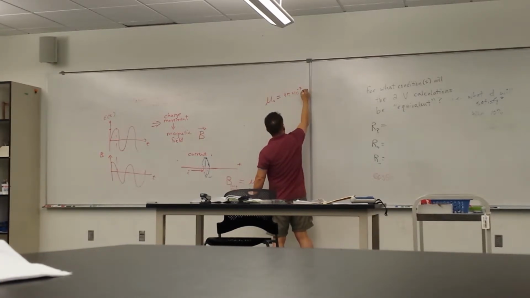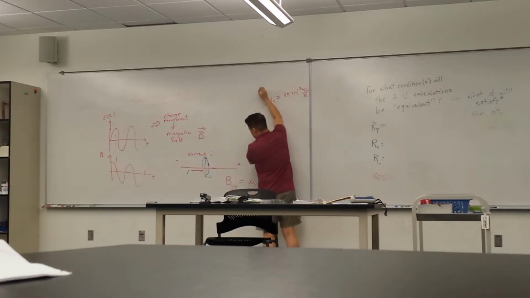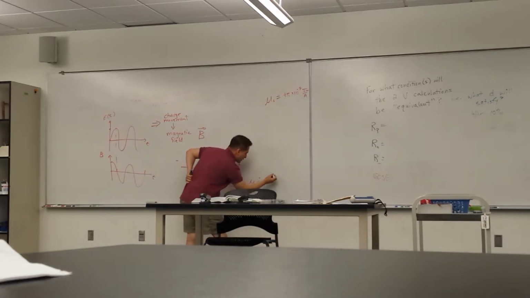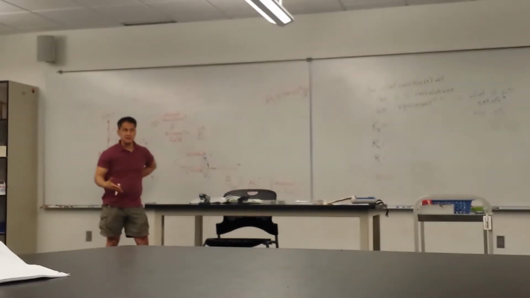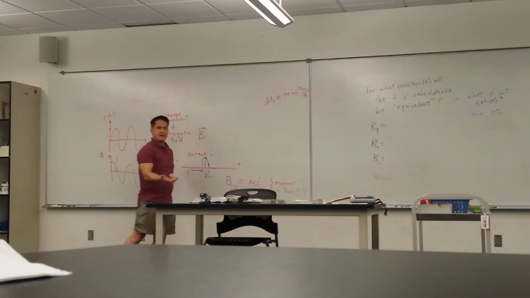And the units are Tesla meters per ampere, where B is measured in Tesla. So magnetic field has units we call Tesla units. And we'll talk more specifically about what they mean.